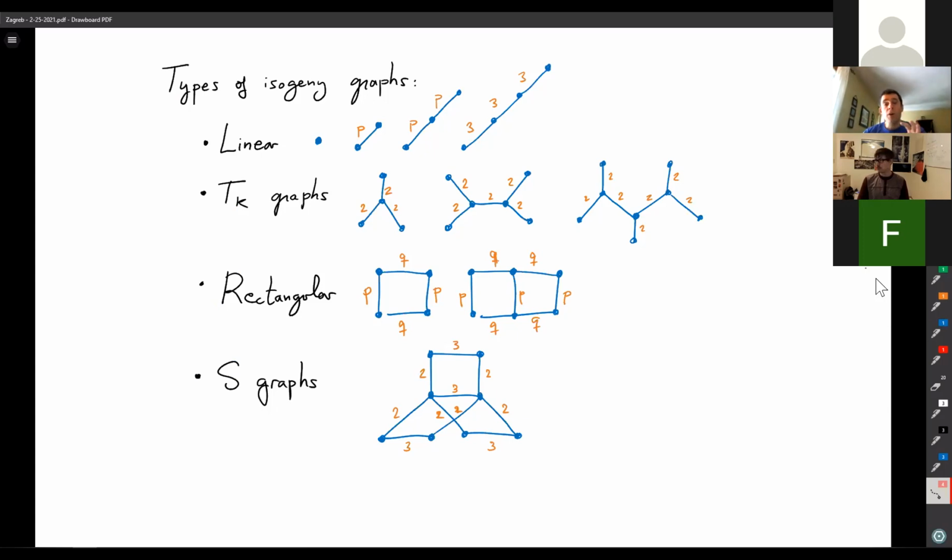But in any case, the possible isogeny graphs that appear over Q are these. There are linear graphs with 1 vertex, 2 vertices, and an isogeny of degree P, 3 vertices, or 4 vertices, and you see that here now I wrote 3, 3, 3.